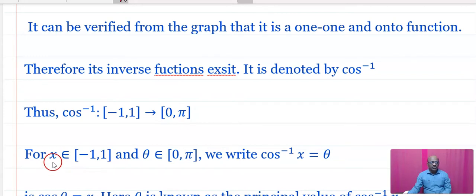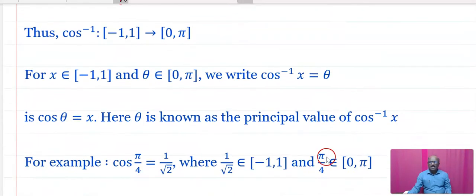Here for x belongs to the closed interval minus 1 to plus 1 and theta belongs to 0 to pi, we can write cos inverse of x is equal to theta, that is, cos of theta is equal to x. Here theta is known as the principal value of cos inverse of x.